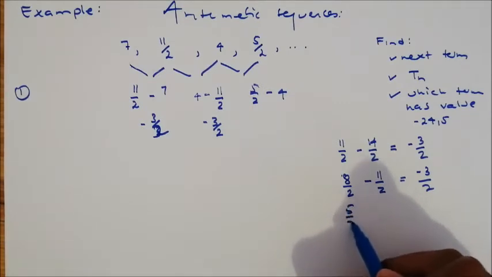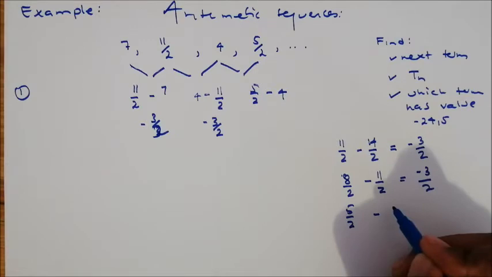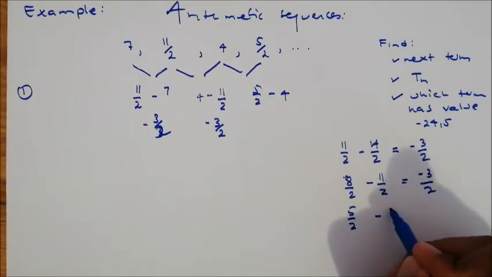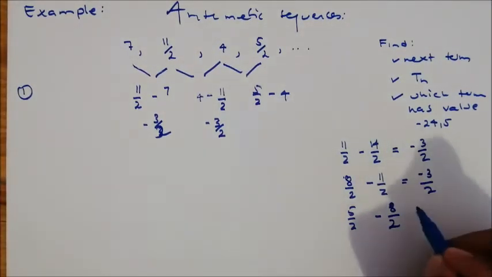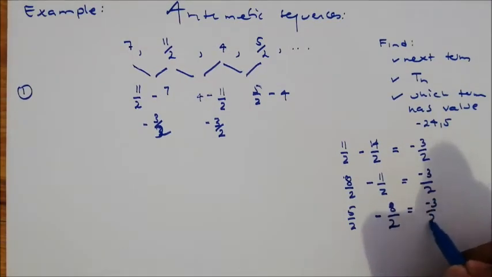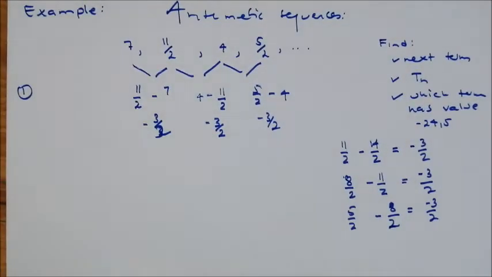So it's 5 over 2 minus 8 over 2, which is equal to negative 3 over 2, right? So negative 3 over 2, that is our d.